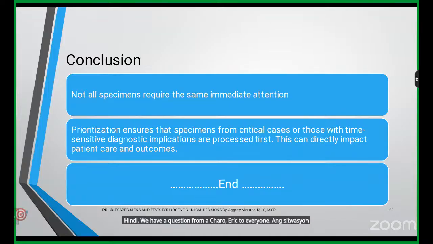The question is, which cardiac marker is of high priority? Our clinicians, majority of them, request all three. We can have a response on that, Mr. Agri. Yes, there are various cardiac markers like troponin, CK-MB, LDH, and many others.